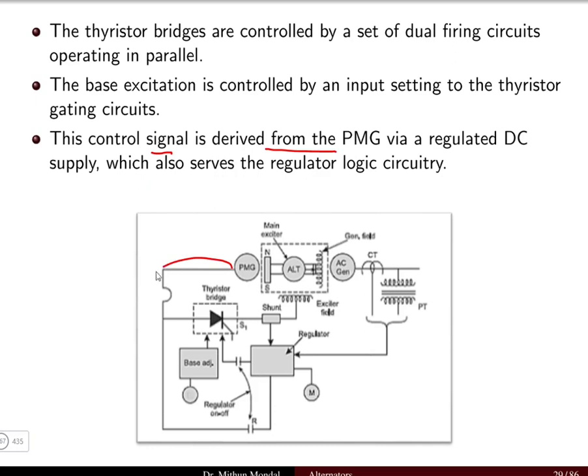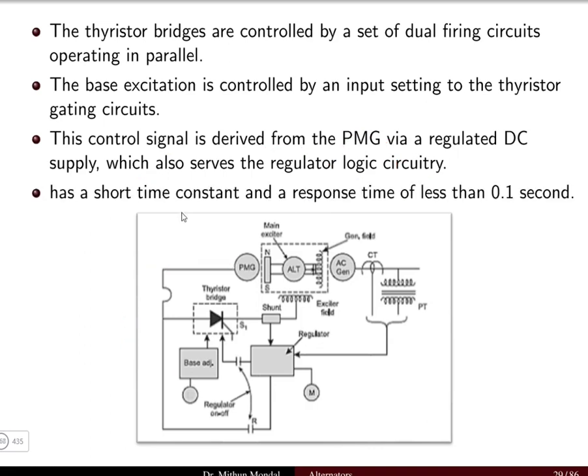So the PMG itself is giving the control signal to the base adjuster through a regulated DC supply which also serves the regulatory logic circuit. So there is a logic circuit to control the value from the PMG. Now its response time is very short, of the order of less than 0.1 second.